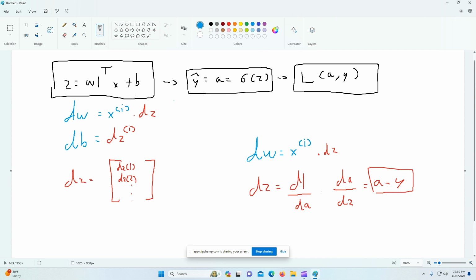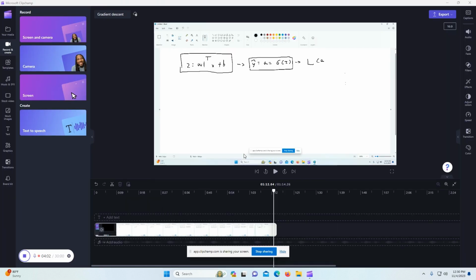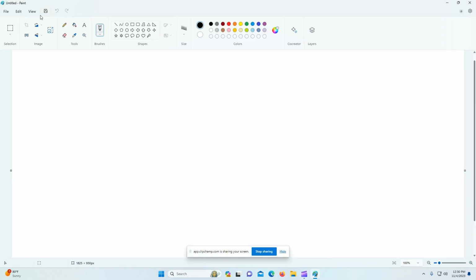Okay, so now that we have the derivatives, I'm going to open a new Paint instance. If you remember when I said the derivative of w is going to be all of our x values times all of our derivatives of z, we can actually vectorize this.